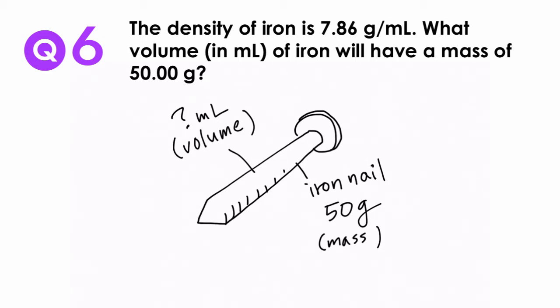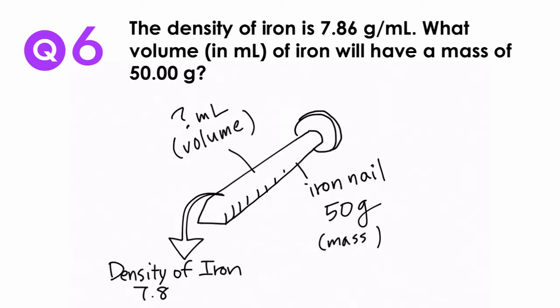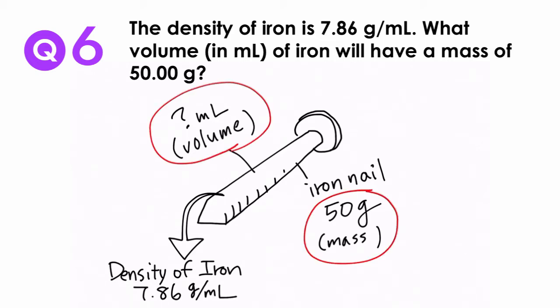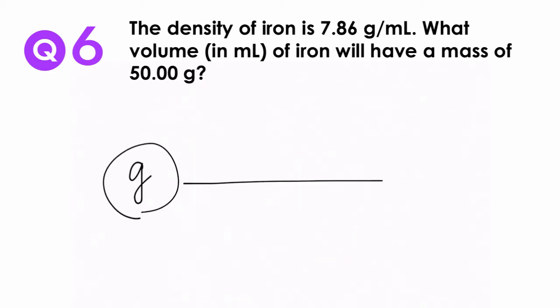Well, because iron, or any element for that matter, has a specific density. A certain amount of iron will have a specific amount of mass and volume. So 50 grams of iron can be converted to a specific amount of volume. So we are converting grams to milliliters.